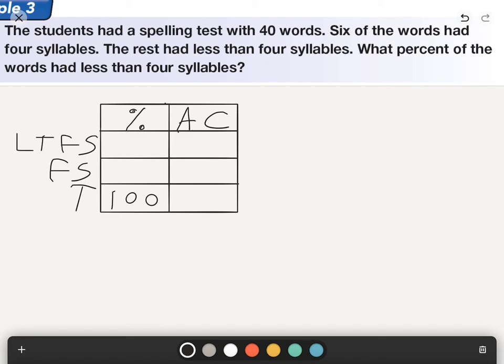All right, and then our total here, the total of 40 words, and then we know 6 of the words had 4 syllables. Okay, so we can figure out easily how many had less than 4 syllables because we can do what?